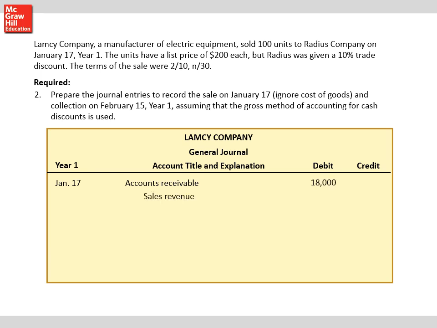Debit accounts receivable, credit sales revenue. Just like before. What's different with number 2 is Radius isn't paying the bill until February 15th, well outside of the cash discount time. So just to demonstrate what would happen, we would debit cash for $18,000 and credit accounts receivable.